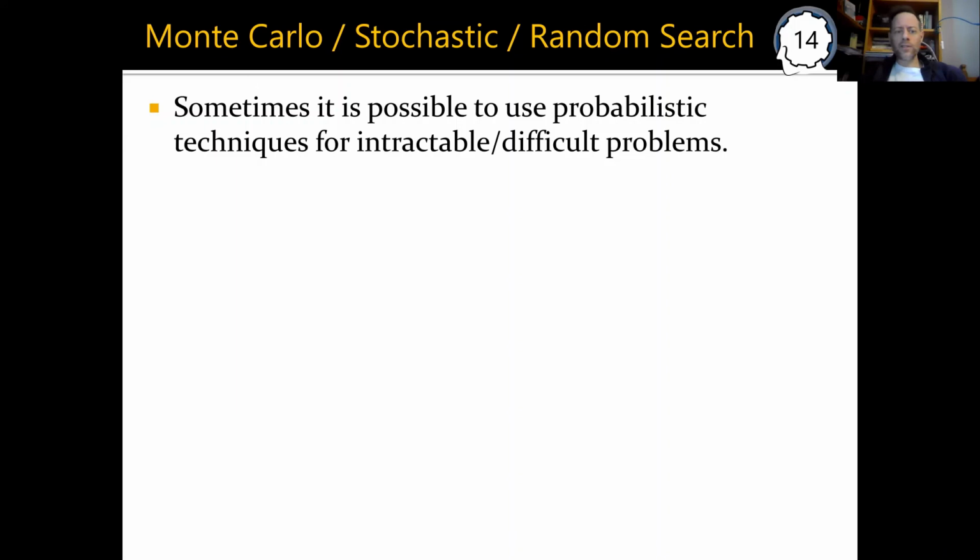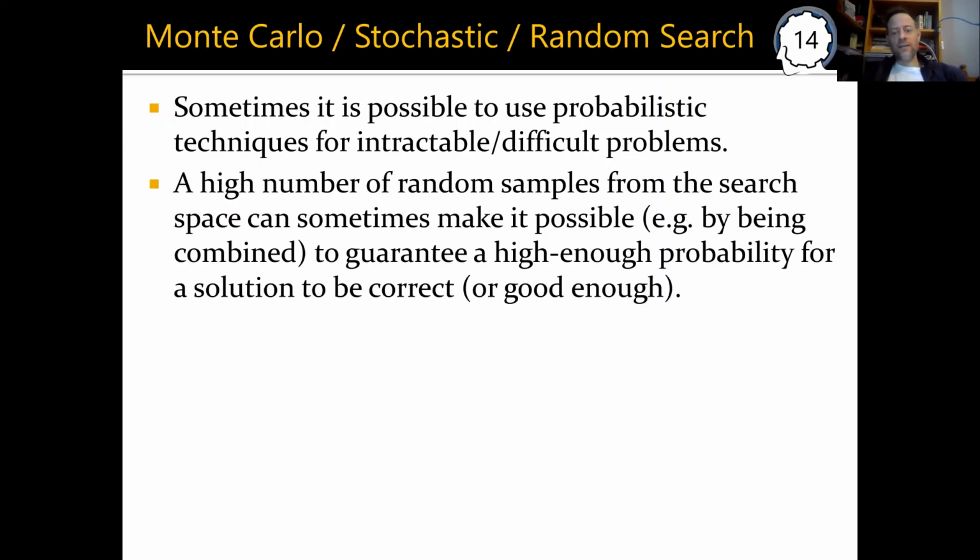What we have seen in some recent programming competitions is that you can have very, very large search problems, but you can use probabilistic techniques to deal with these. The general idea is that you select a high number of random samples from the search space and then see if these are optimal.